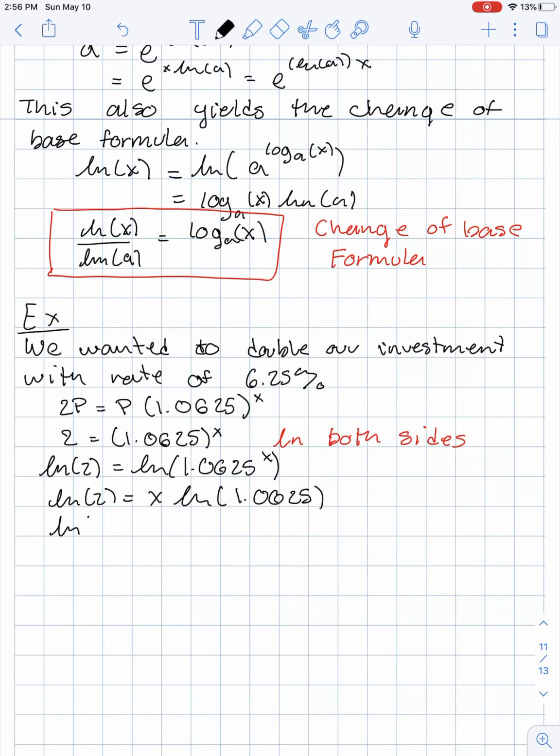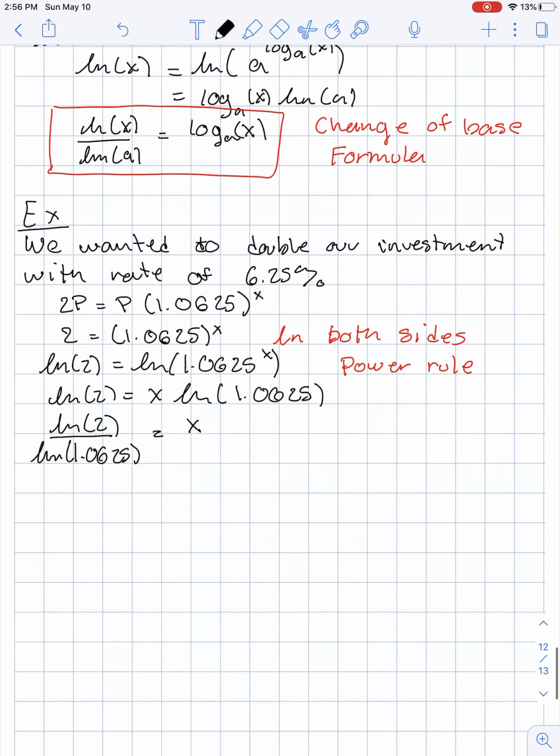So I have x times the ln of 1.0625, and I can divide, and that's what x is going to equal. Once you plug that into your calculator, you get that x is approximately 11.433 years. Awesome.